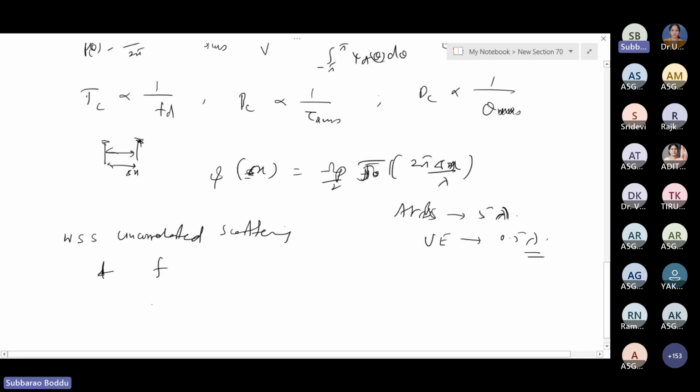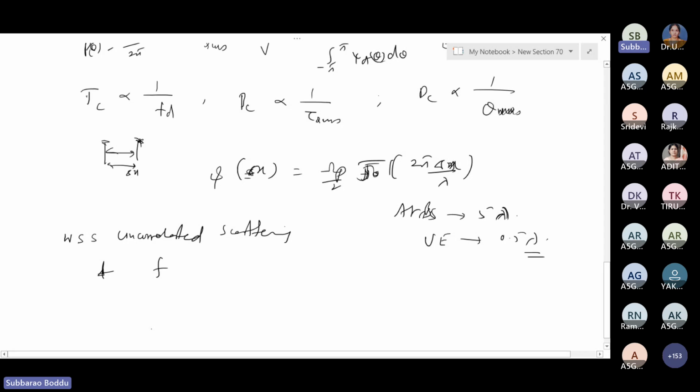I'm not going to write any mathematics here, just giving the message: the channels at two different Doppler frequencies are uncorrelated. That is what wide sense stationarity means.